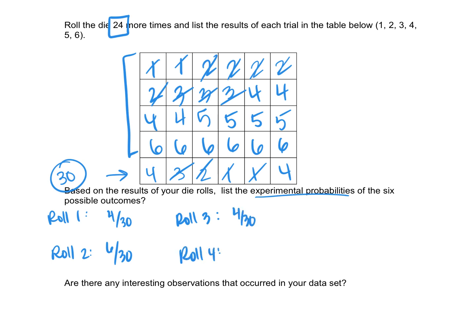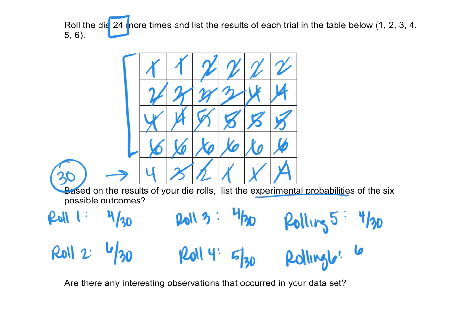Rolling a 4 happened 1 2 3 4 5 times. Rolling 5 happened 1 2 3 4 times. Rolling 6 happened 1 2 3 4 5 6 times.